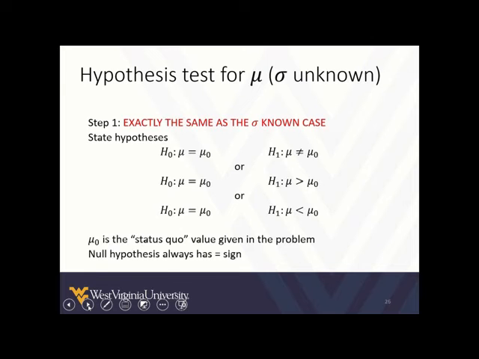So beginning with step 1, this first step is exactly the same as in our review, which is why I spent so much time on the review. So our hypothesis still has those three options where the null hypothesis is going to always stay that mu equals mu naught, but the alternative changes depending on whether we are doing a one-tailed, two-tailed test.